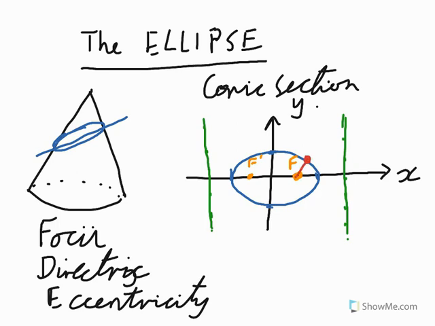So if we've got some point there, let's put that point there, that point P has coordinates X and Y. And the distance from that point to the focus over that distance from that point to the directrix, where it makes a right angle with the directrix, is known as the eccentricity.